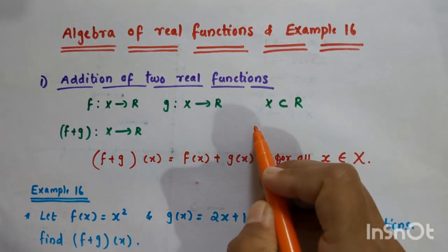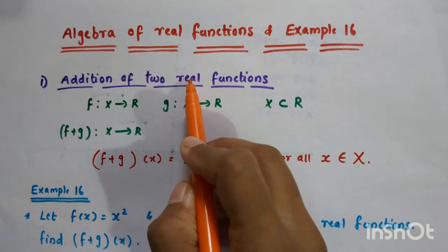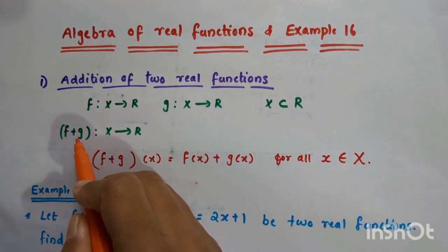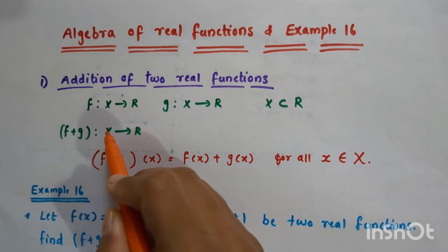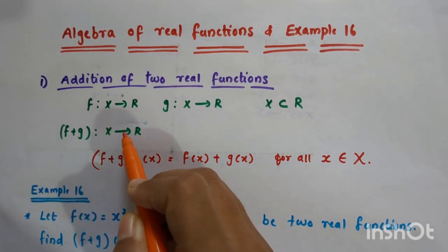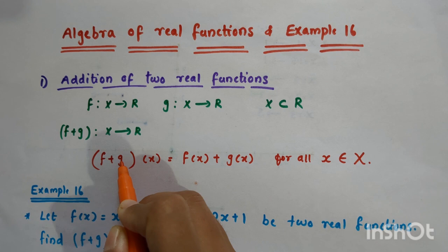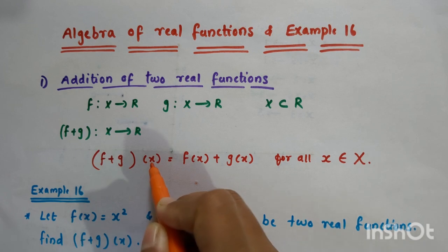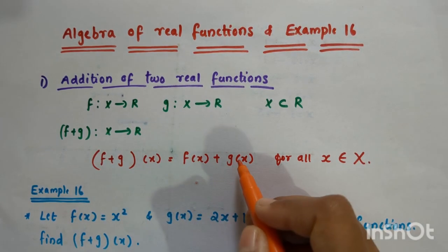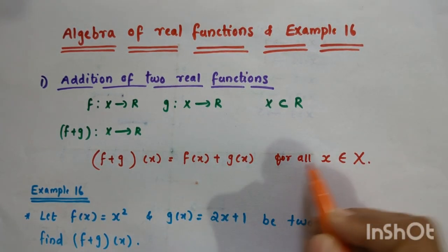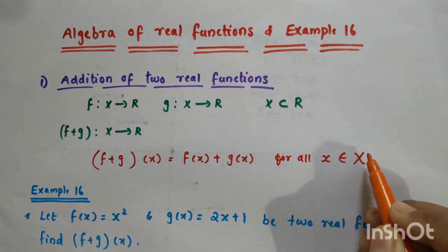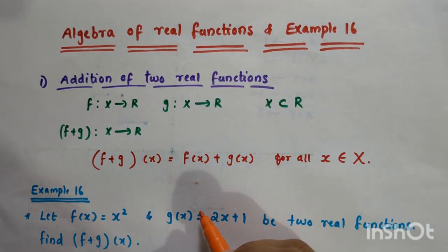Here we want to define the addition of f and g, that is f plus g, which is also from X to R. It is defined by f plus g of x equals f of x plus g of x for all x belonging to capital X, which is a subset of the real number set.